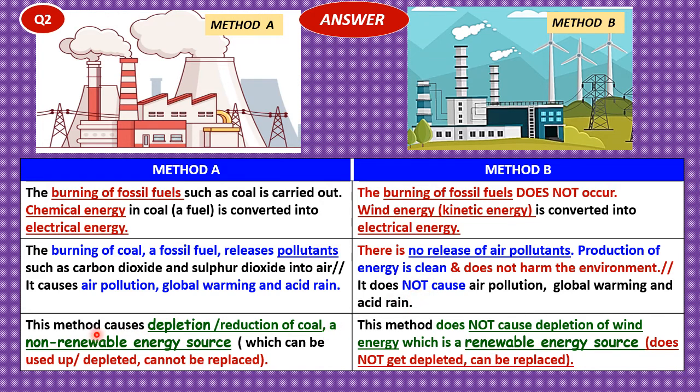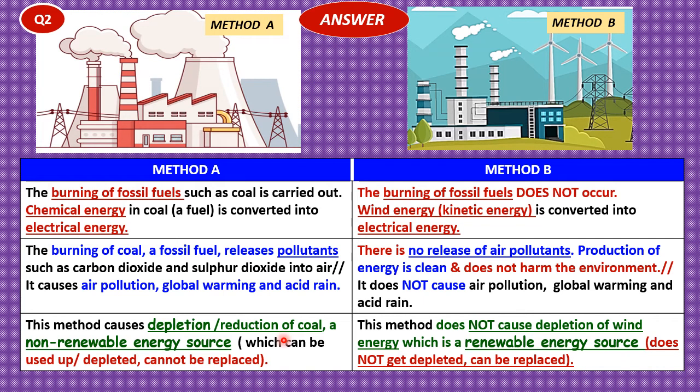Now, thirdly, method A causes depletion or reduction of coal, a non-renewable energy source. That means non-renewable means that it cannot be replaced. It's a non-renewable energy source because after we have burnt the coal, it has disappeared.